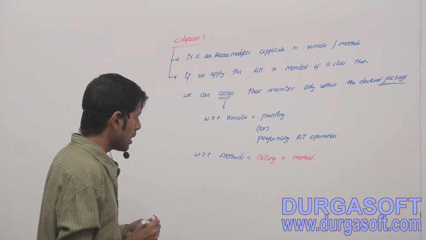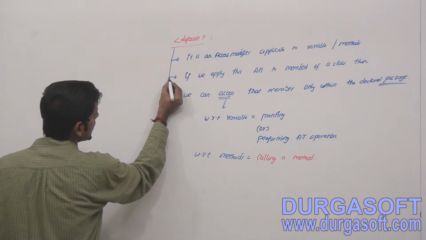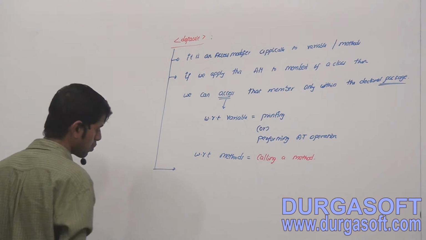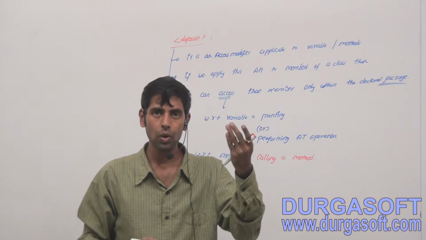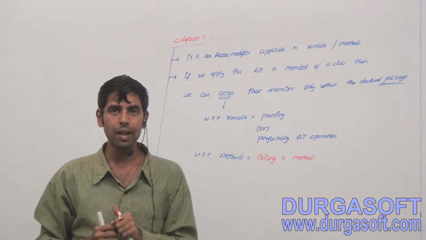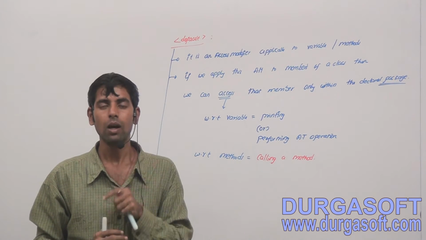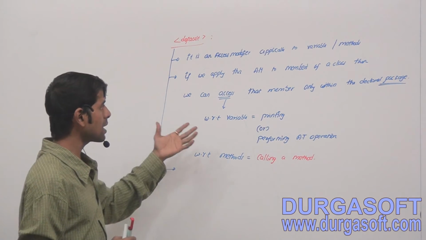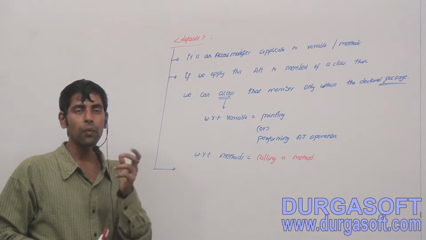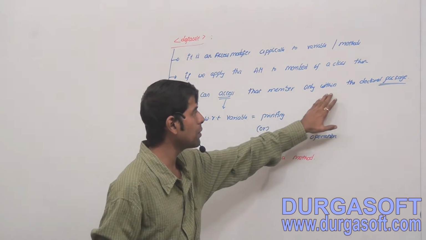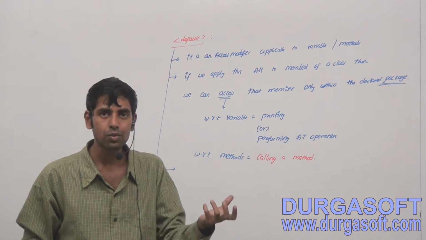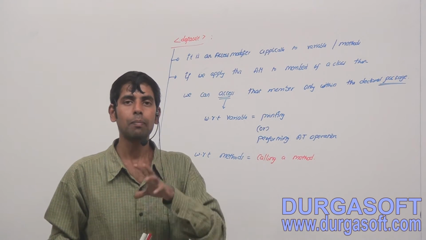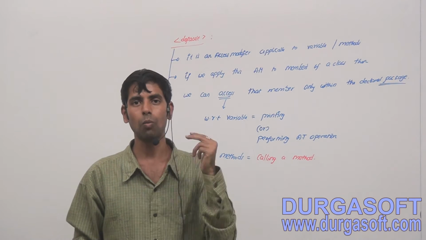Now some of the programmers have given a name for this. It is also called the package level access modifier. Why? If a member is declared as default, we can access it only within the declared package. So that's why it is called the package level access modifier.